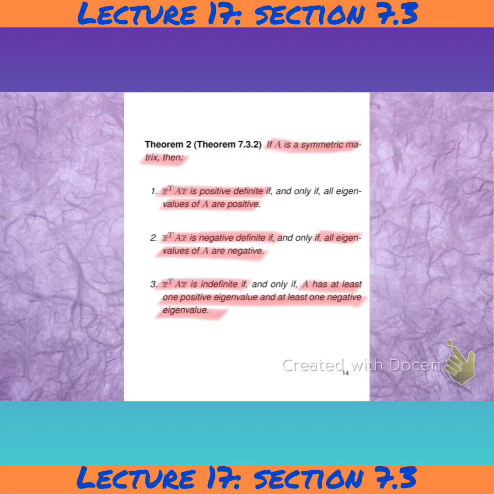Okay, so I just want to make a remark, maybe just look at the proof of this first property. The other ones follow similarly. So that quadratic form is positive definite if and only if all eigenvalues of A are positive.